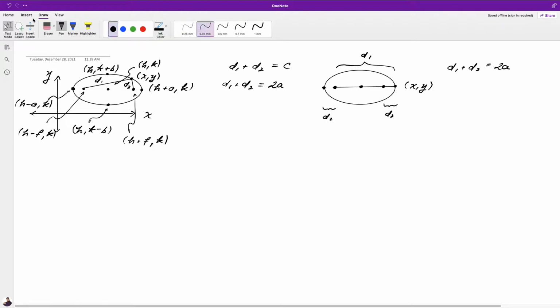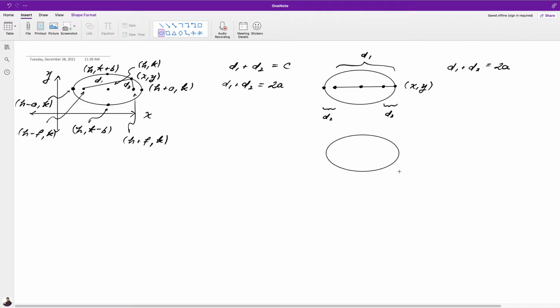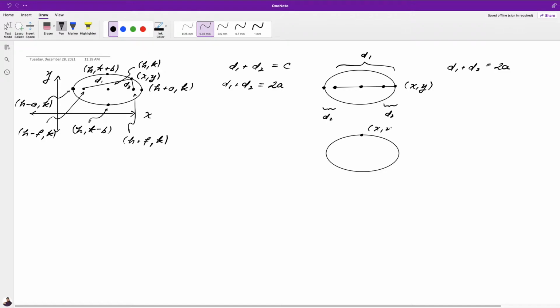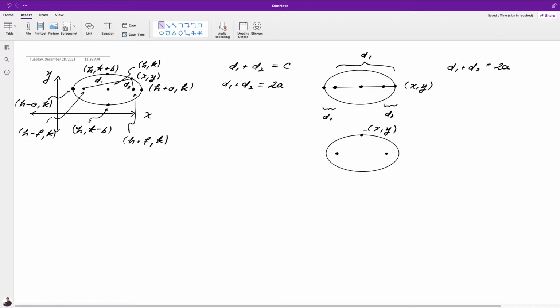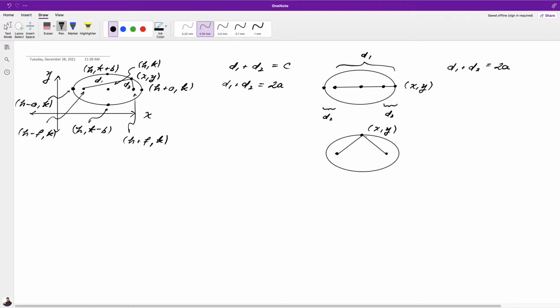Moreover, if I have the same locus, and I now choose my point x comma y to be up here, with the same foci of course, we can see that if I'm designating this point x comma y to be right above the center, then what I actually have is an isosceles triangle.